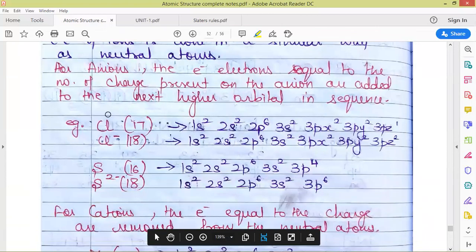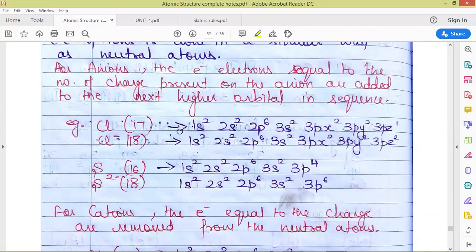This is chlorine with atomic number 17. So this is the electronic configuration, that is 1s2, 2s2, 2p6. Here we can write it as neon, 3s2, 3p5 is the configuration, or we can write the 3p orbitals separately, that is 3px2, 3py2 and 3pz1.